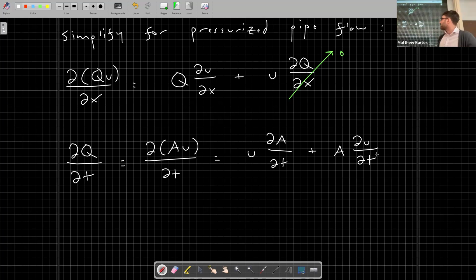From the conservation of mass, which of these two terms is also equal to 0? The first one or the second one? The first one, right? The dA/dt term is equal to 0 because the volume in the pipe is not changing over time, and thus the cross-sectional area of flow within the pipe is not changing over time. So this first term becomes 0. And we can simplify our conservation of momentum equation for pressurized pipe flow. So let's go ahead and do that.